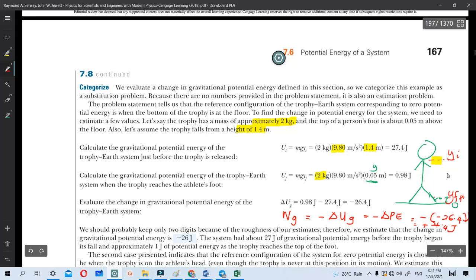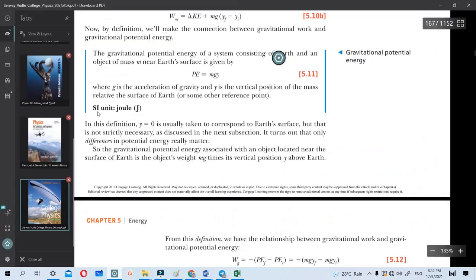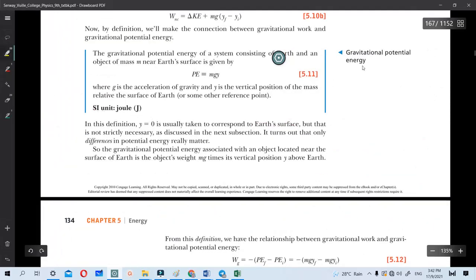By right, if you write down 26.4 joule, you can now write it again in the form of change in kinetic energy, calculating the v final and v initial. If let's say that it starts from 0, then you can now calculate what will be the v final by the time it hits the top of the foot. Again, this is an additional concept of gravitational potential energy. Yes, it has the same unit as work, which is joule, same unit as kinetic energy, which is joule as well.